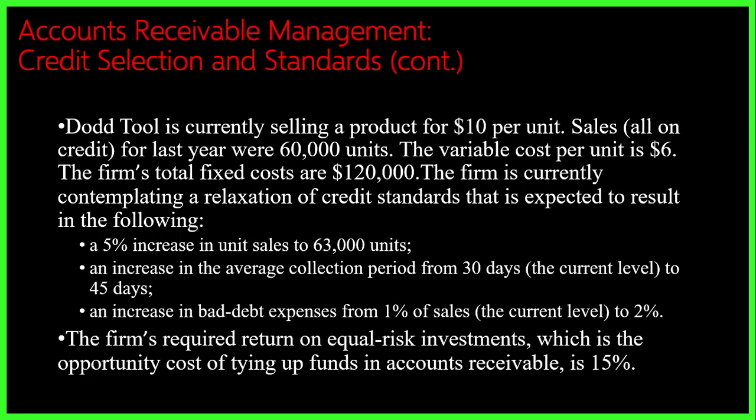Sige nga, what is 5% of 60,000? It's 3,000 units. And then there will be an increase in the average collection period. From 30 days, it will now become 45 days. So, that's an increase of 15 days. And what's the effect of that? We know that a longer collection period will result in higher accounts receivable.